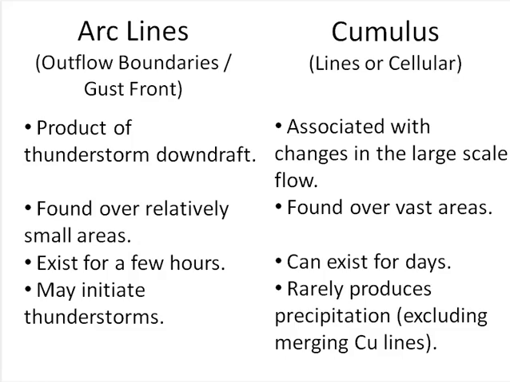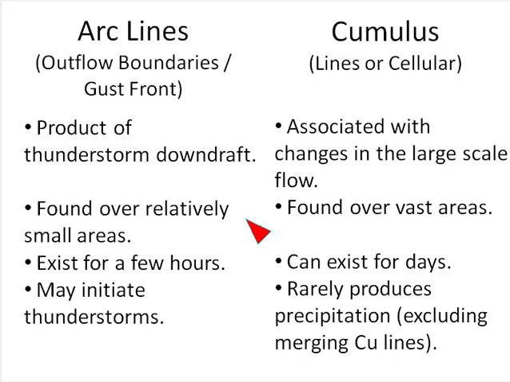Here are the characteristics of arc lines compared to cumulus lines so that you may readily distinguish between the two when viewing visible imagery. While arc lines are a product of thunderstorm downdrafts, cellular cumulus lines are formed by changes in the wind speed and horizontal shear in the general wind flow. They are a product of mesoscale convective mixing within the large-scale flow.